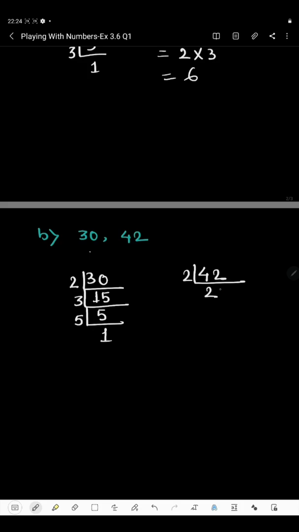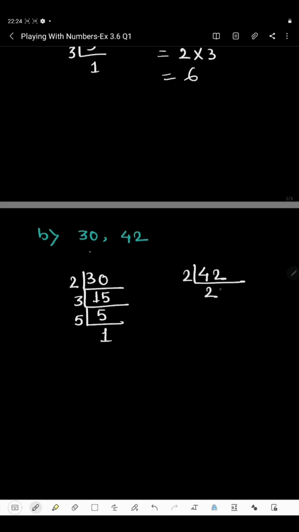So we will write the prime factorization of 30 is 2 into 3 into 5, and the prime factorization of 42 is 2 into 3 into 7.